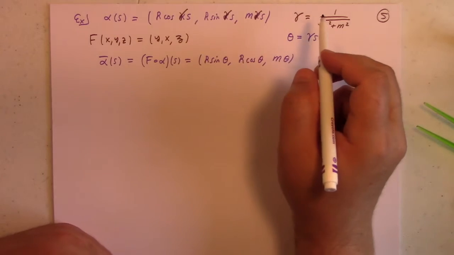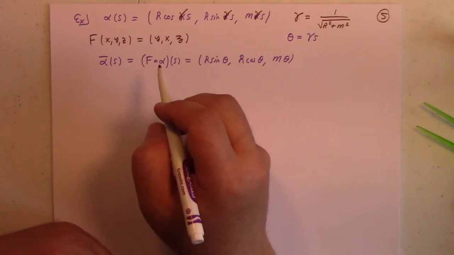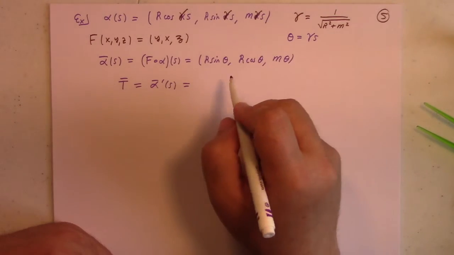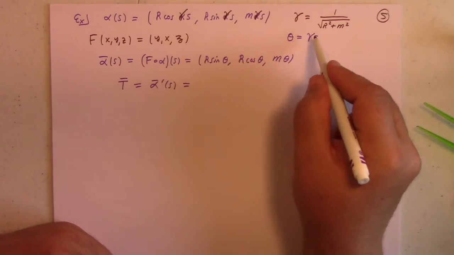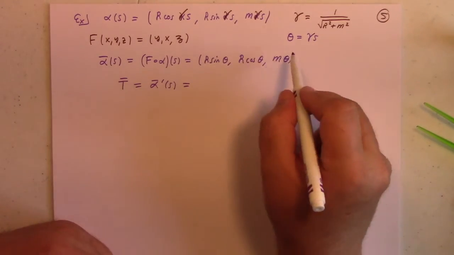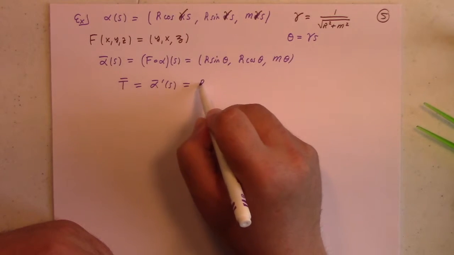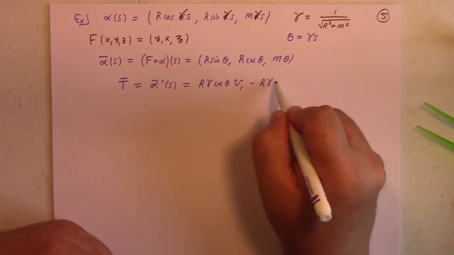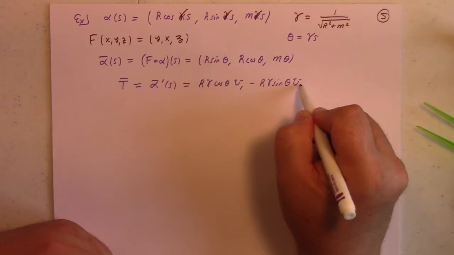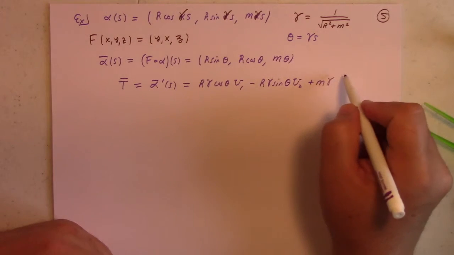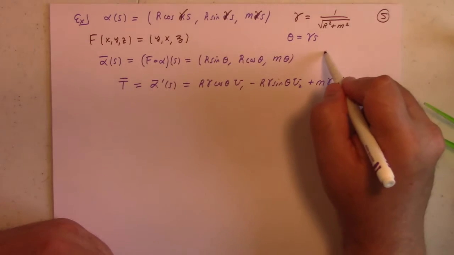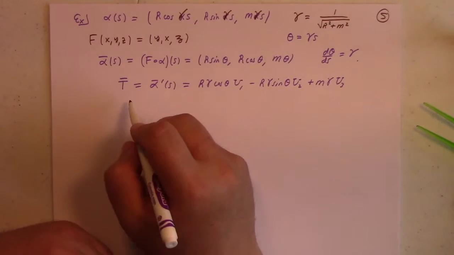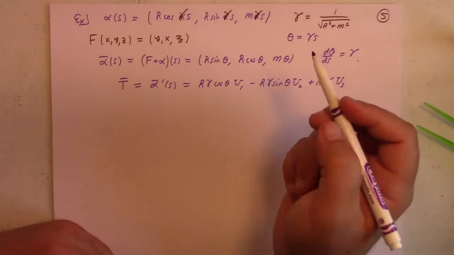So then you can calculate, of course, t bar, alpha bar prime of s, and differentiating brings out a gamma. So r gamma cosine theta u1 minus r gamma sine theta u2 plus m gamma u3, since d theta ds is gamma.